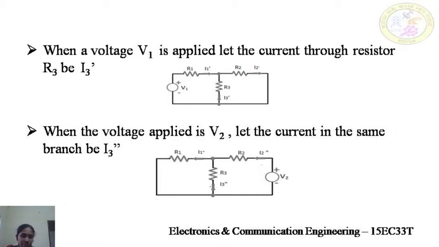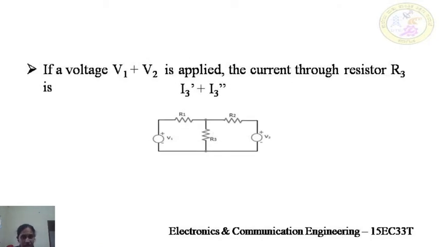If a voltage V1 plus V2 is applied, the current through R3 will be I3 dash plus I3 double dash. The total current through R3 can be calculated by adding the individual currents I3 dash and I3 double dash caused by independent sources V1 and V2.